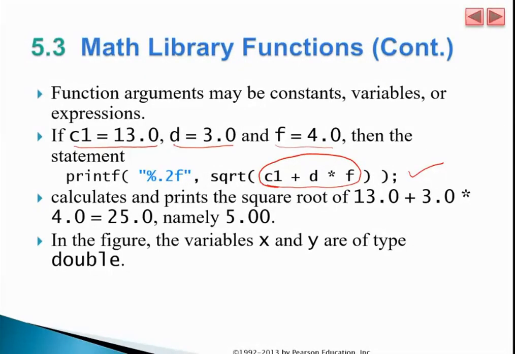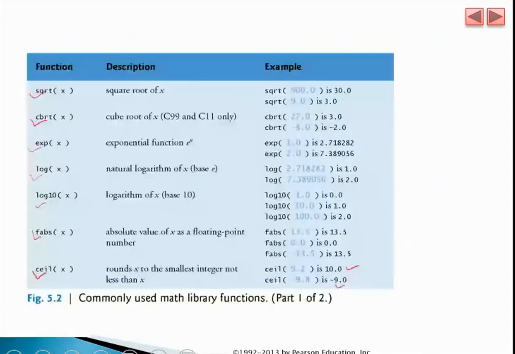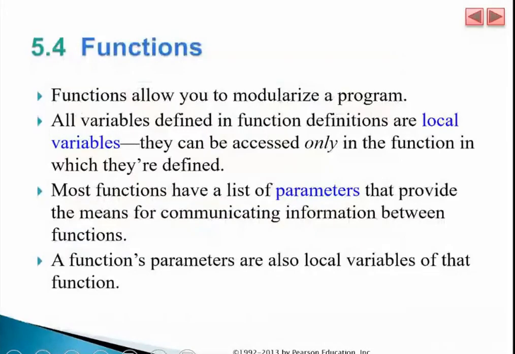After evaluating it, it finds the square root of the resulting number. The output of this expression is 25, and the square root of 25 is 5. Is it clear? Any doubt till now? No, ma'am.